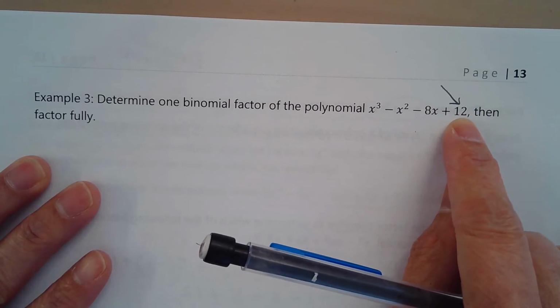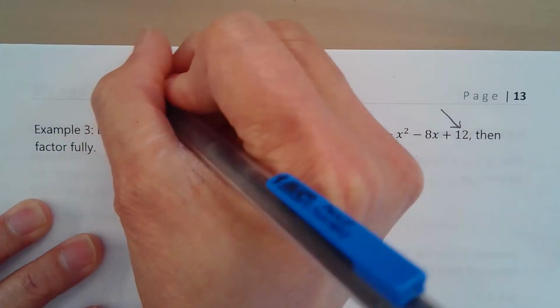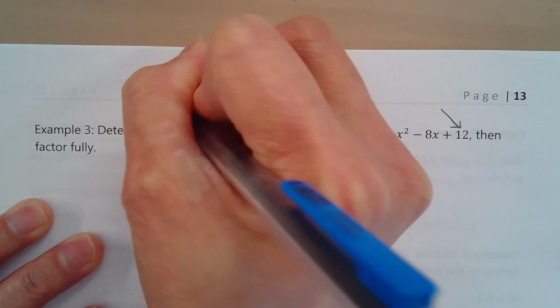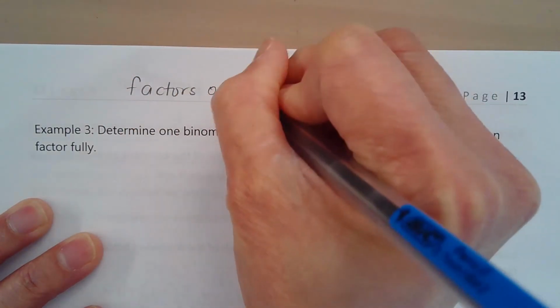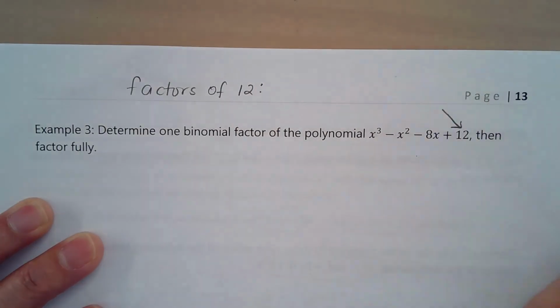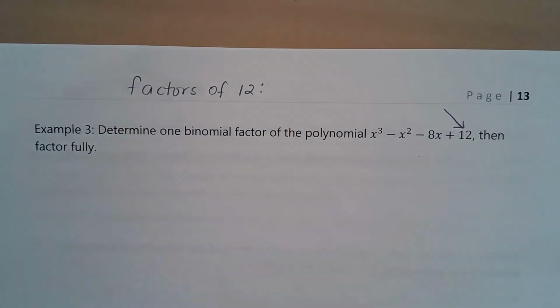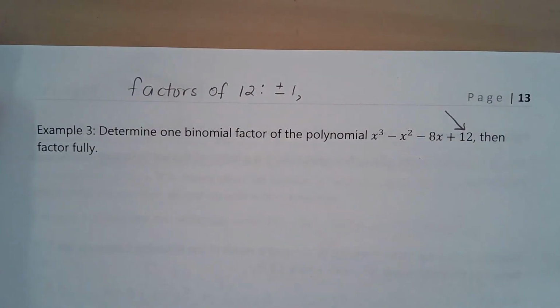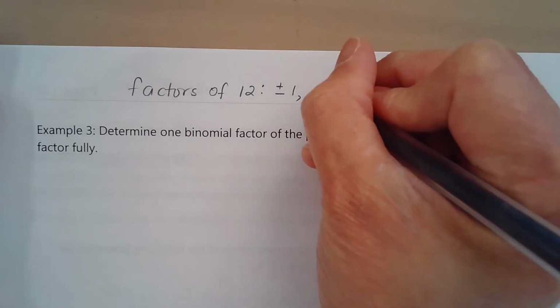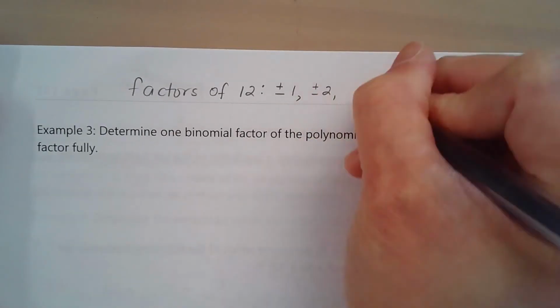So what are the factors of 12? Okay. 3, 4, 6. Yes, all of you are right. It could be plus or minus 1, yes? Right? What else? Plus or minus 2.